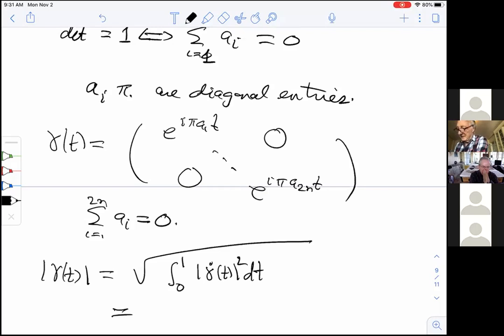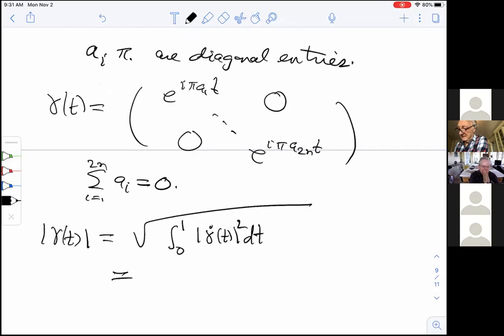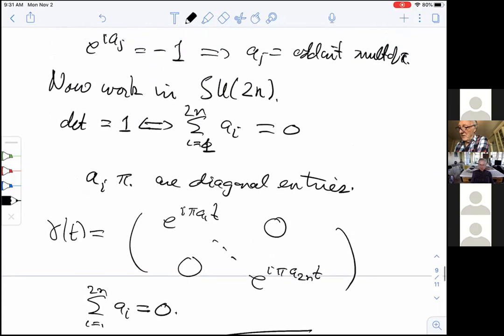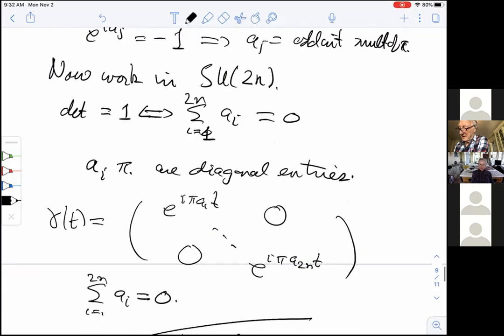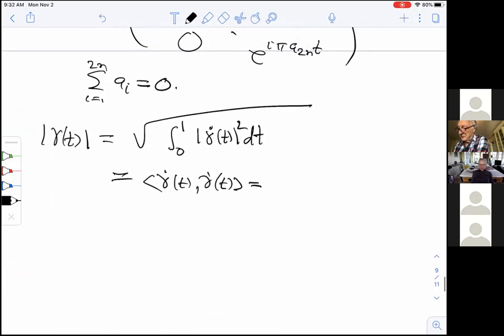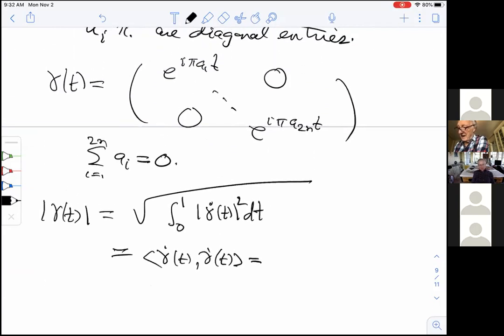Well, gamma dot of t is simply the trace squared of the diagonal matrix we computed before. Now that I've switched notation, it will be the sum of pi ai squared.